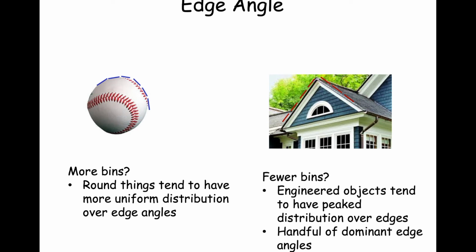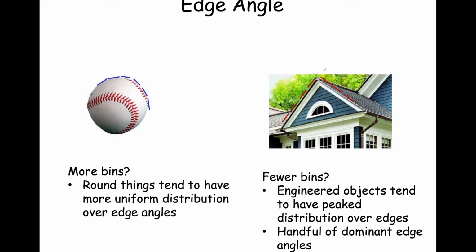Now, human engineered objects tend to have straight edges. And whenever you have straight edges in a distribution of edge orientations, that's represented as a very highly peaked bimodal or trimodal distribution, a small number of peaks in the resulting edge distribution. That translates in the image content to having a handful of dominant edge angles.